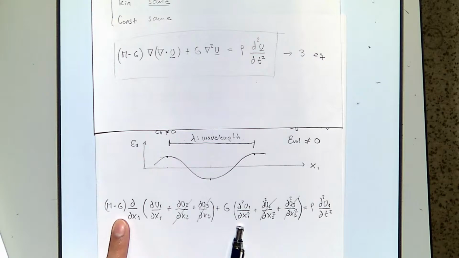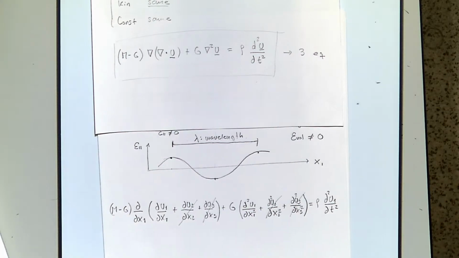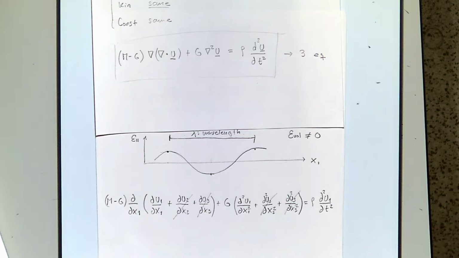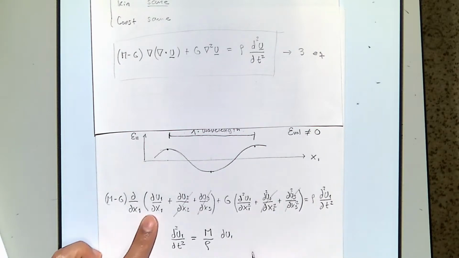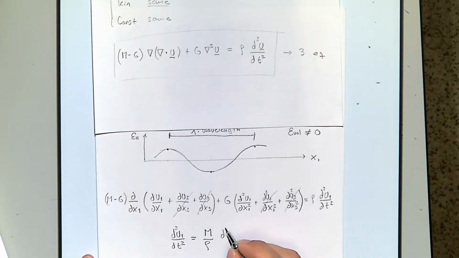Negative g, positive g, cancel out, and what we are left with is m times that. Okay? I'm going to go one step further, and I'm going to write this one on the left-hand side. And on the other side, I have m. I'm going to divide by density, and everything that was left from here was this term, m times that. So this is the second derivative of u1 with respect to x1.